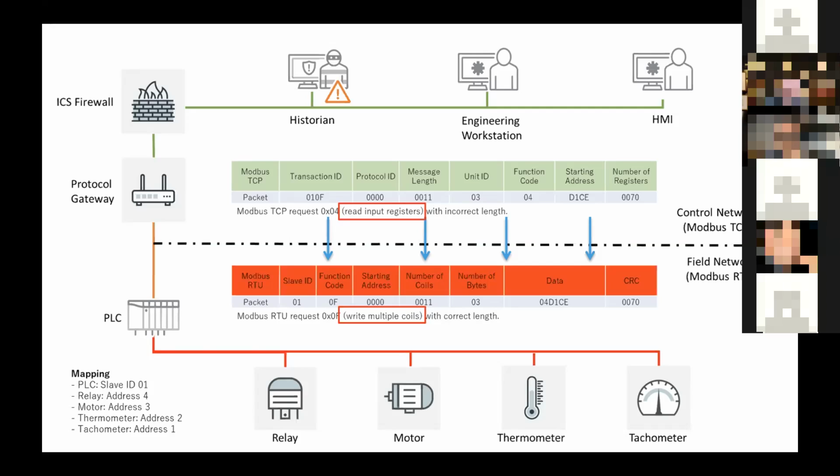So if you had a firewall that isn't protocol aware, that doesn't do really good checks for validity of Modbus packets, the packet would get through the firewall, and you could then do a write multiple coil to the PLC.